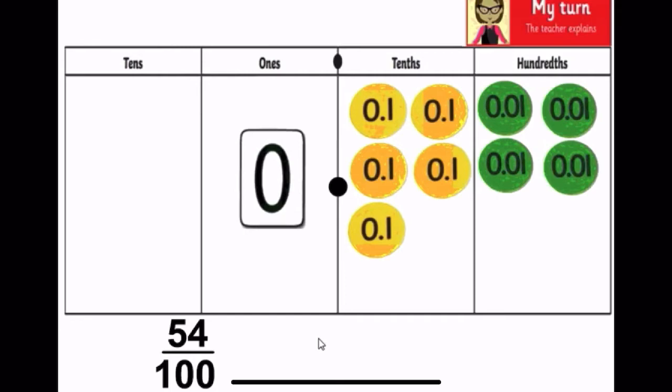And now that's going to help me to write that as a decimal. So I have no ones, so I'm going to write a 0 there, and then my decimal point, and I'm going to write a 5 for my tenths column and a 4 for my hundredths column. 54 hundredths can be written as 0.54.